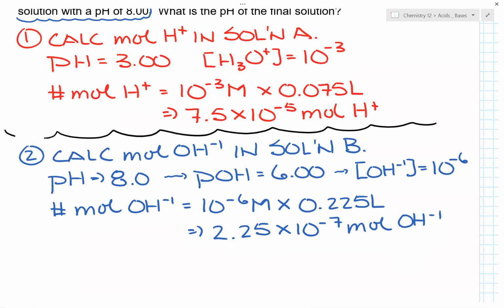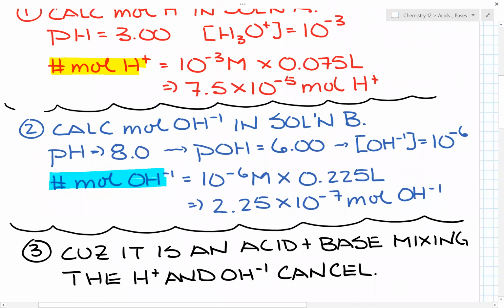So for step 3, we can say that because it is an acid and base mixing, the ions H+ and OH- cancel.